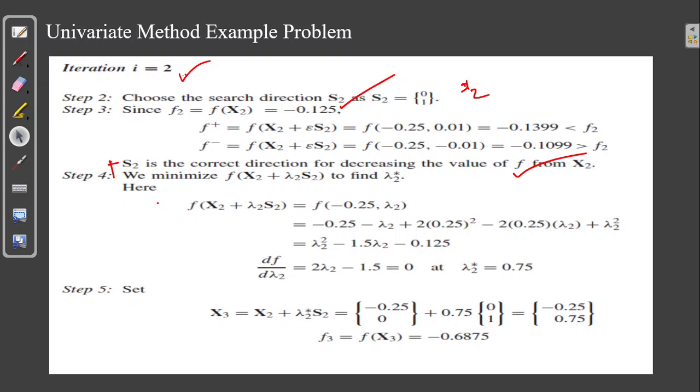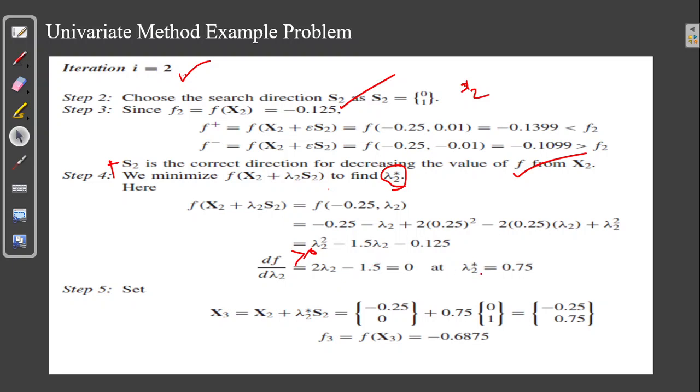Then in step 4 we have to minimize f of x2 plus lambda 2 S2 such that lambda 2 is optimum. We do that by Newton's method, that is df by d lambda 2 equal to 0 and d square f by d lambda 2 squared greater than 0. If these two conditions are satisfied, then lambda 2 will yield the minimum value for that function.